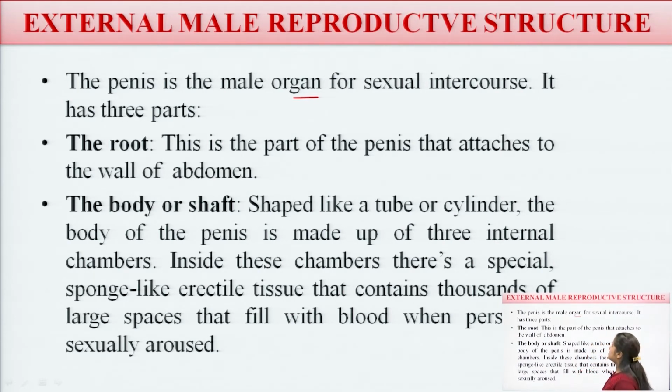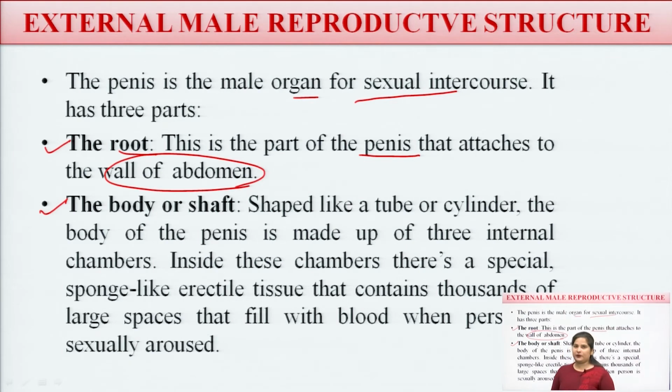The penis is the male organ for sexual intercourse, and it is divided into three parts: the root, the body and the glans. The root is the part of the penis that attaches to the wall of the abdomen.